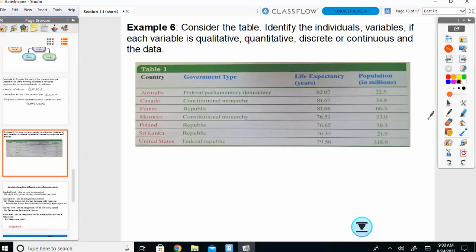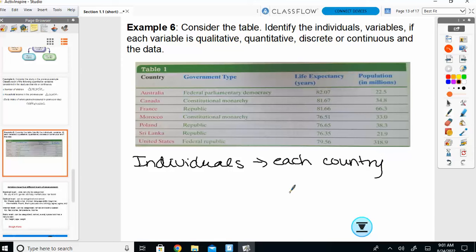It has their government type, the life expectancy in years, and the population in millions. What would the individuals be here? I'm not asking just qualitative or quantitative, I want to know what would be an individual in this. Yes, each country. You don't have to list them out.